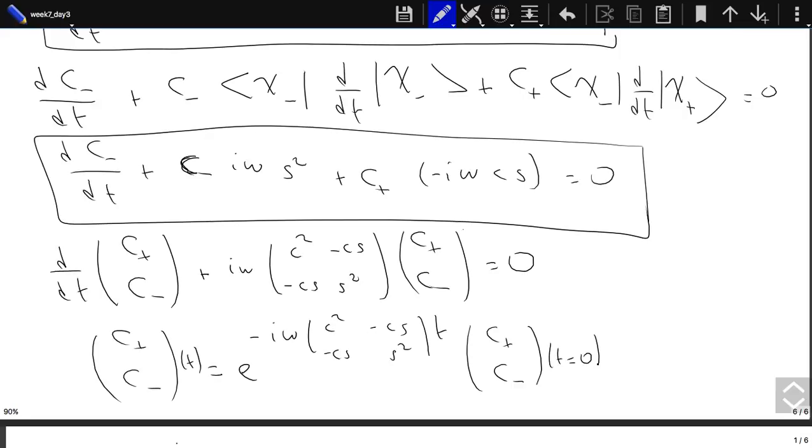Or another thing, you just assume that C plus and C minus have the same value. Most of the ways to solve this equation will amount to this one. Just diagonalize that matrix, C squared, S squared, minus CS, and you have uncoupled equations for the eigenvectors. Okay, let me just copy the result.